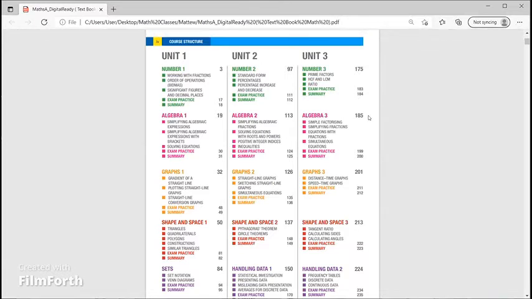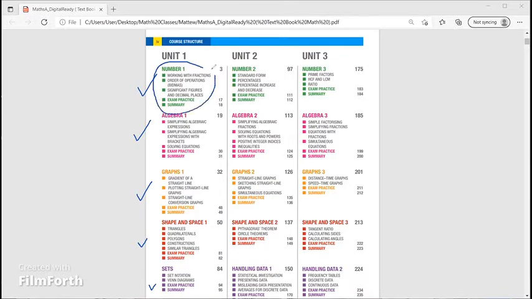Under unit 1, they have taken number 1, then algebra 1, right? The first part is number 1, then algebra 1, graphs 1, shape and space 1, and set. So today I'm planning to cover this first part.